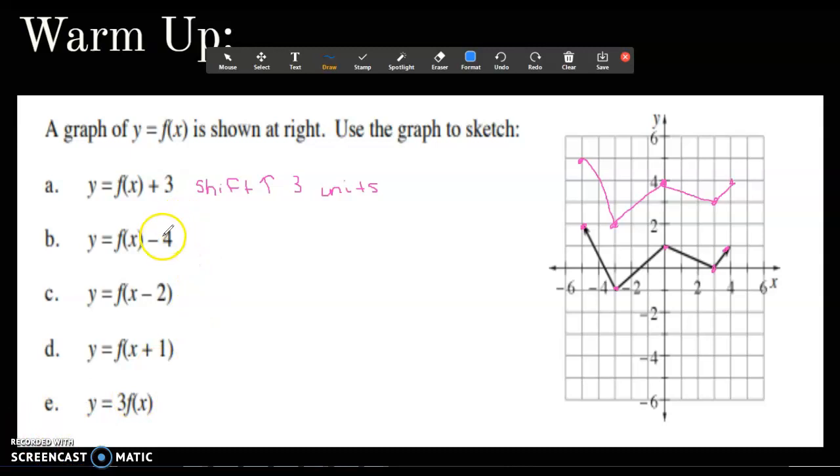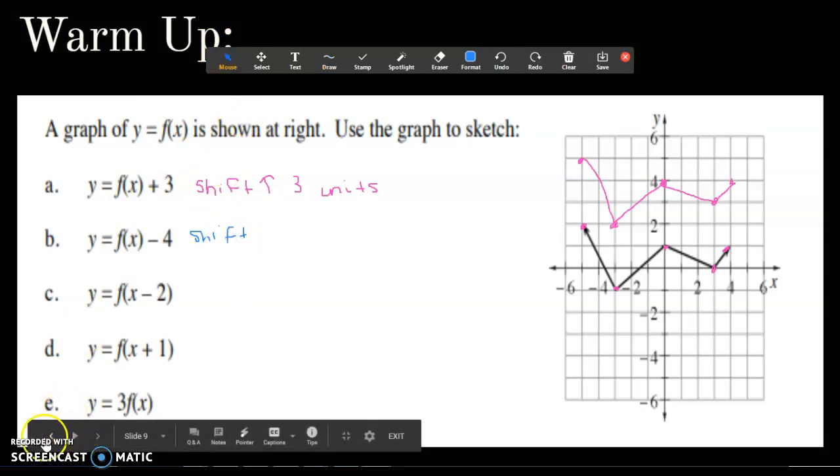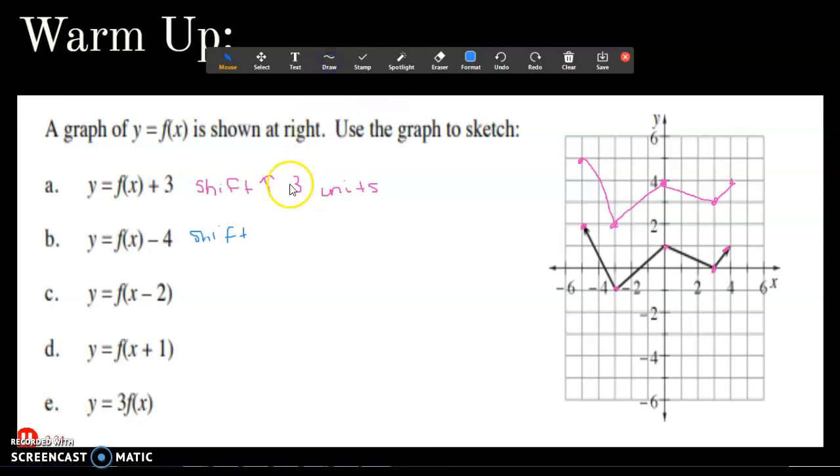So the next graph, you should shift it down. The next one is going to shift it down 4 units. Again, I'm going to go to my critical points, and I'm going to move them down 4 units, right?